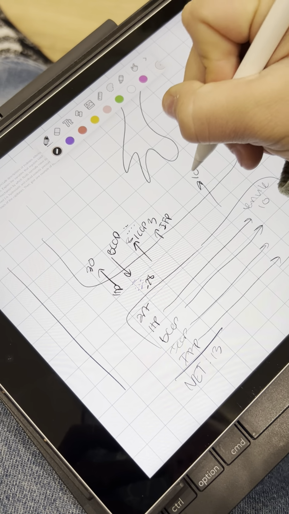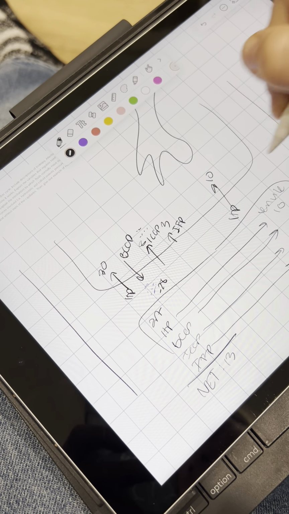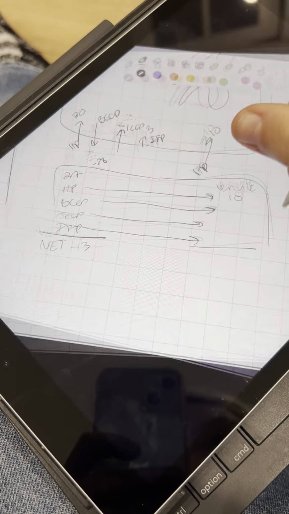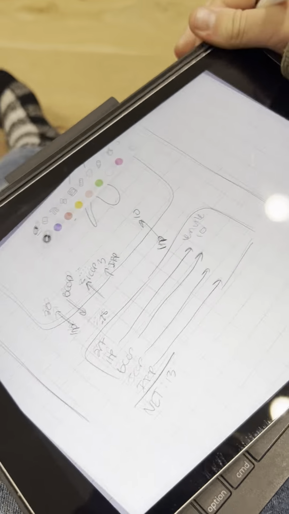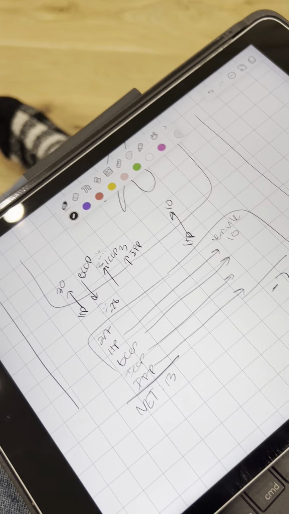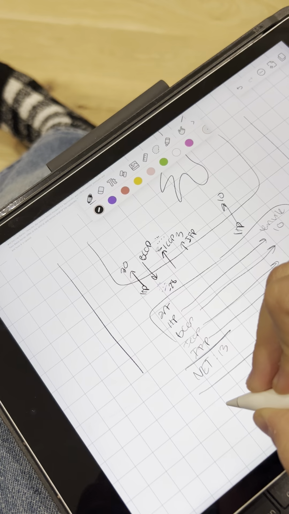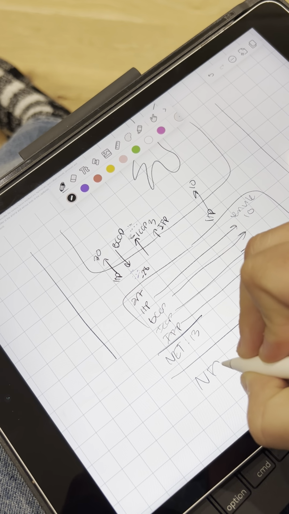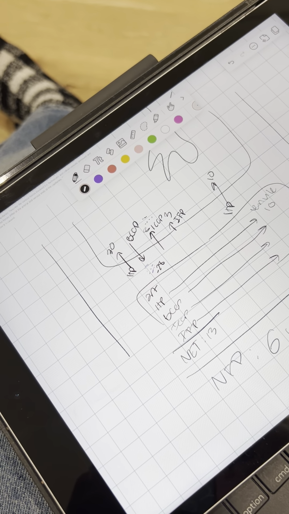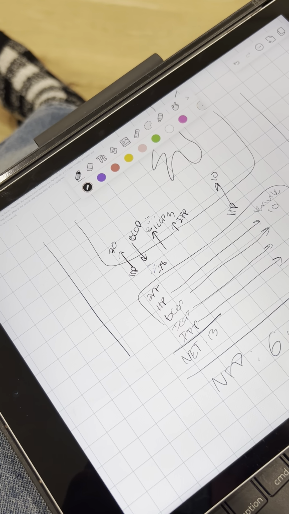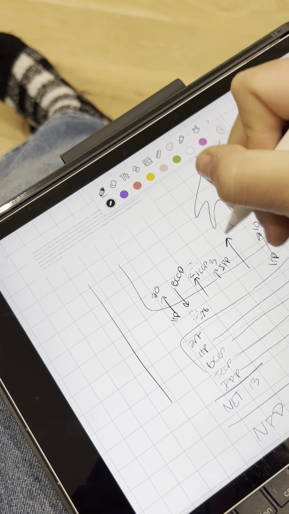So now you only have 10 millimeters of mercury for your hydrostatic pressure, but again, everything's the same. So that's going to give you a net total of -7, okay? Then if you total that, your total net filtration pressure is 6 millimeters of mercury going out. So that is 6 going out.